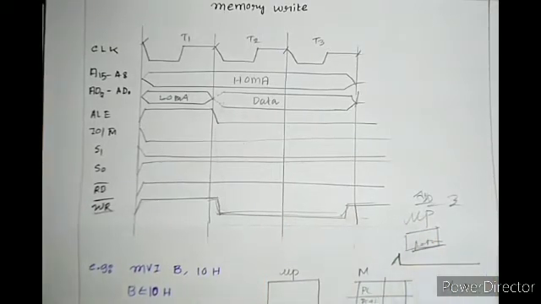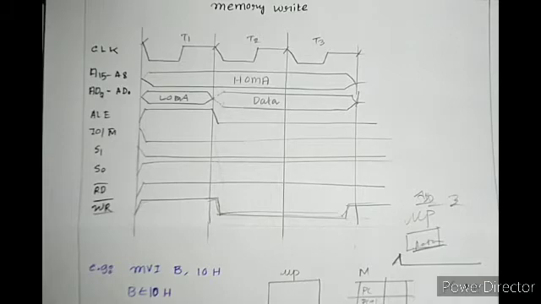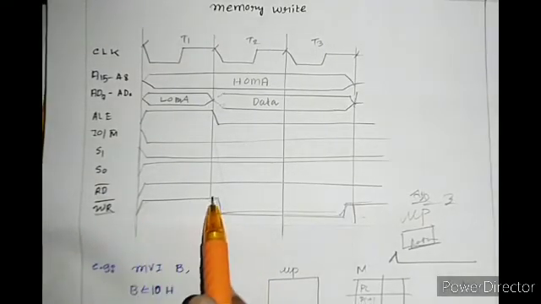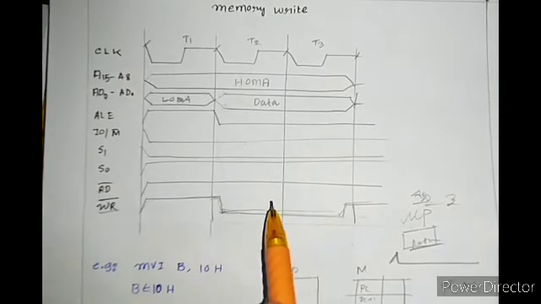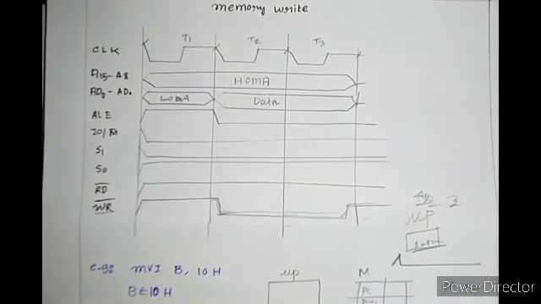So I just don't know what the address is, as I can see there is WR bar, I will just write my data anywhere and it will be messed up. In read also, if it was low from the beginning, then I don't know from where to read the data. This will end up giving you a garbage value. This is why after T1, this will take some time to go low, and then we can read our data.